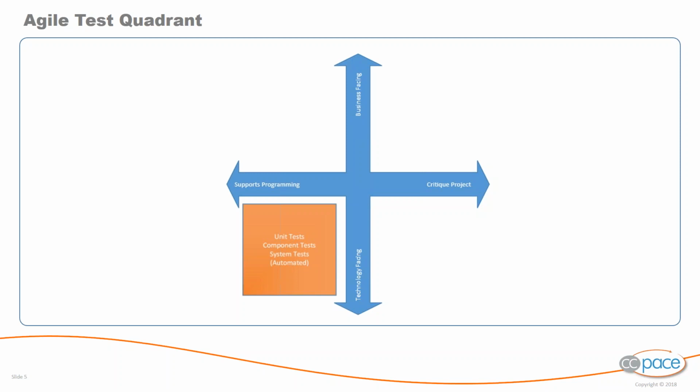Now, these tests typically include unit tests, component and system tests, etc. The tests in this quadrant are written by the developers and are mostly for them to validate their work.